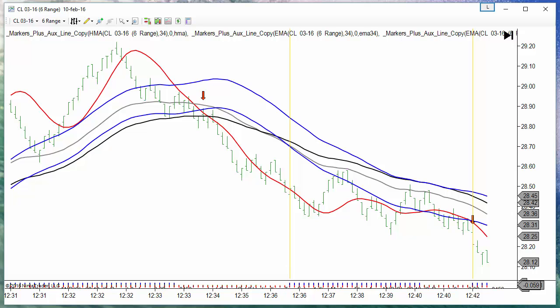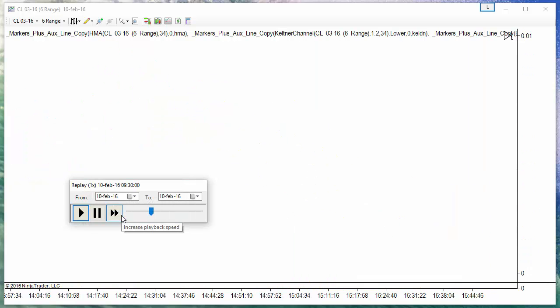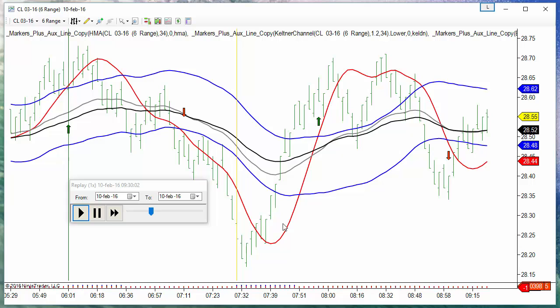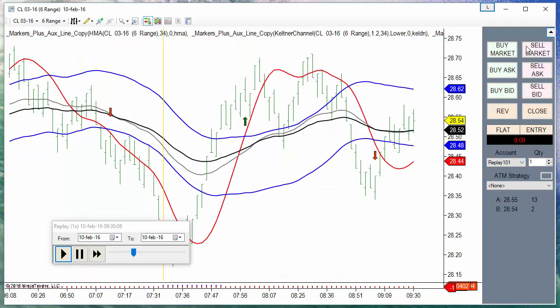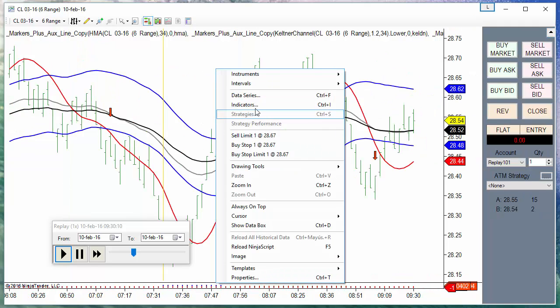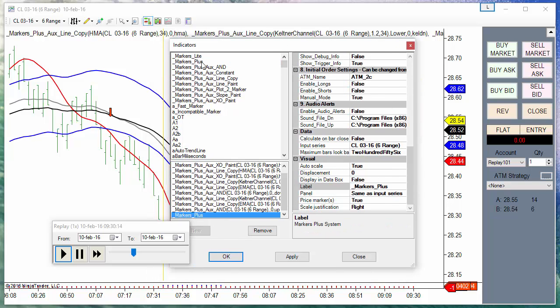So now we can test how this works. Let's go to 930 and NinjaTrader, and we can use markers without any filter.